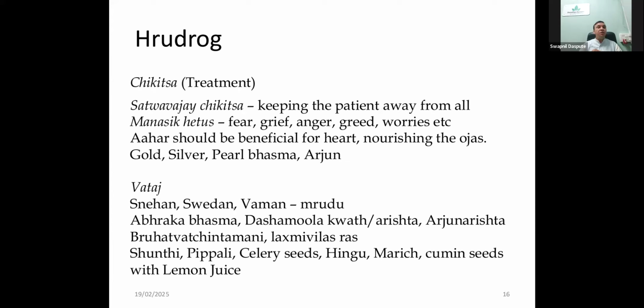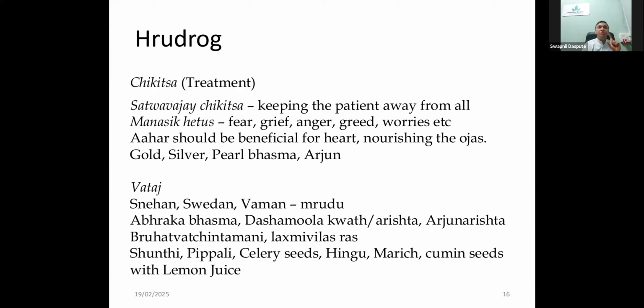Abraka Bhasma, Dashamula Kwatha, Arishta. So Abraka Bhasma is good for the respiratory system, I said, and also it gives strength to the pranavaha srotas as well as the muscles of the heart. Okay, Abraka Bhasma.